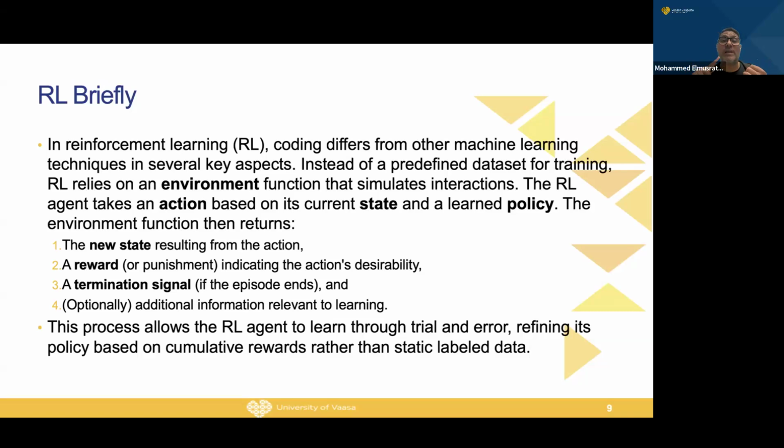By the way, when you play with reinforcement learning, the opponent can be nature, the environment itself, or another intelligent agent, or another person. So you play with different kinds of cases or situations here. Now the environment will return to you the new state resulting from your action.